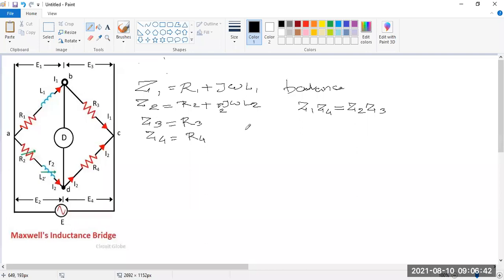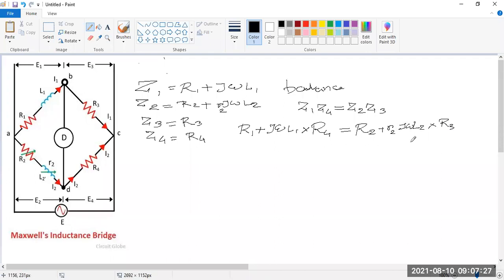Z1 is R1 plus j omega L1, into Z4, which is only R4, equals Z2, which is R2 plus small r2 plus j omega L2, into Z3, which is only R3.